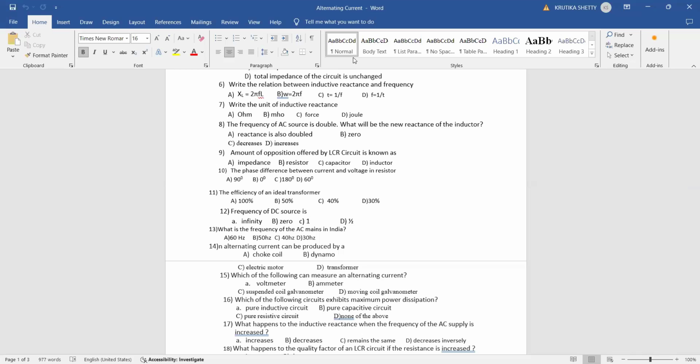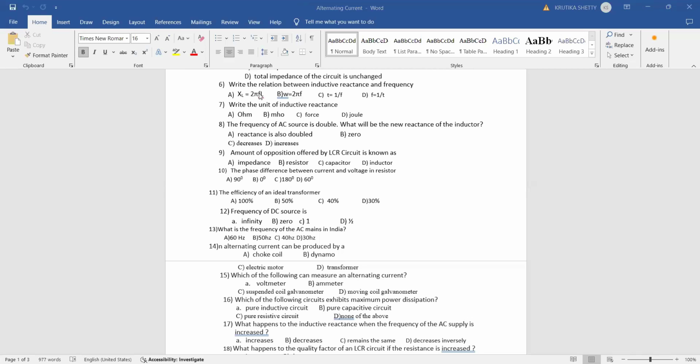So XL has a relation with frequency. Yes, option A is the correct answer.